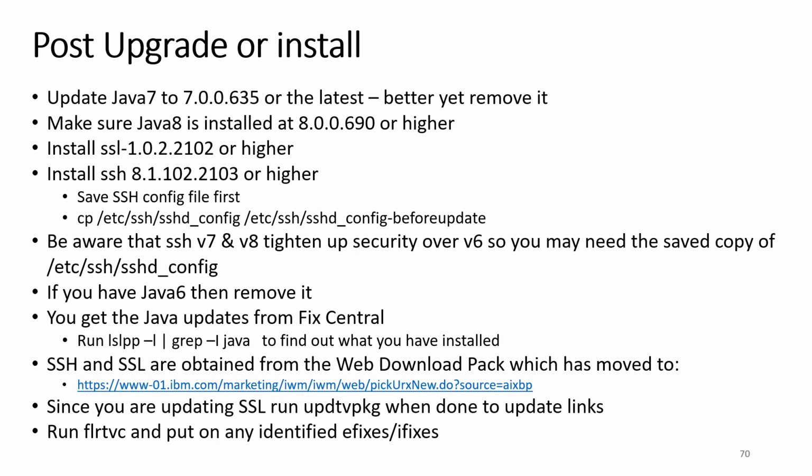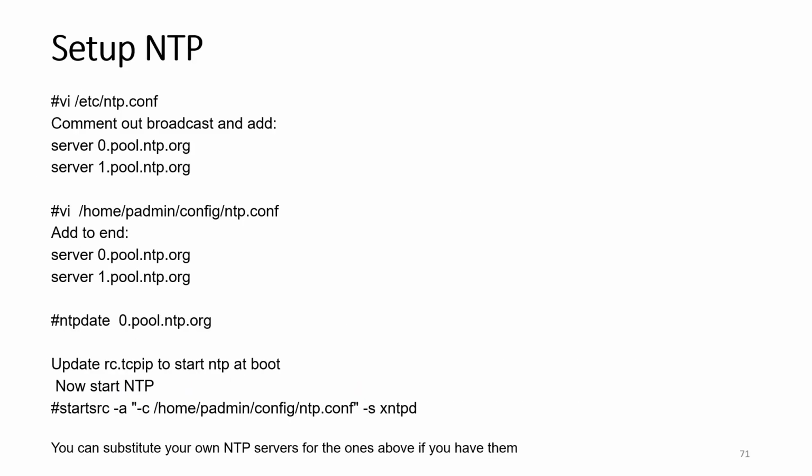And then I end up running fixdlp and I put on any identified efixes or ifixes. I also set up NTP, and NTP is actually configured in a different location on your VIO servers, so I configure it in both just to be safe. You can point it at your own NTP servers or you can use the US pool servers.